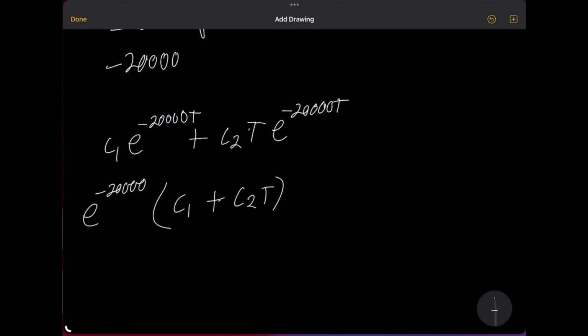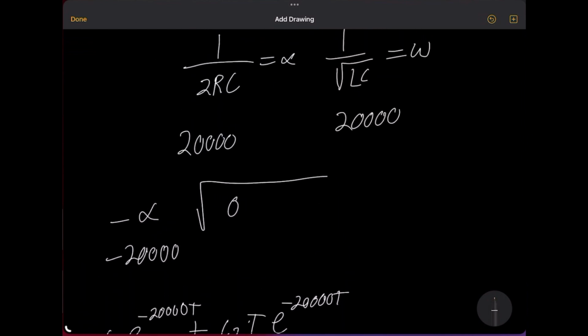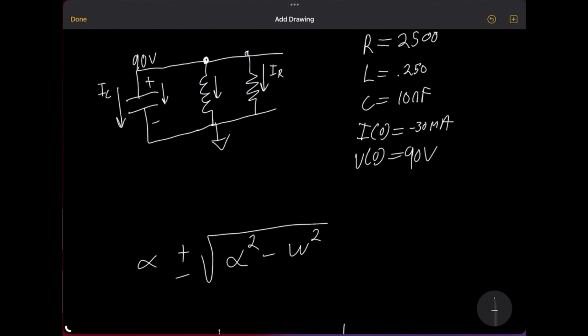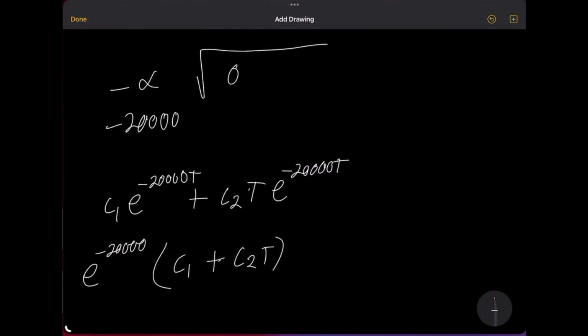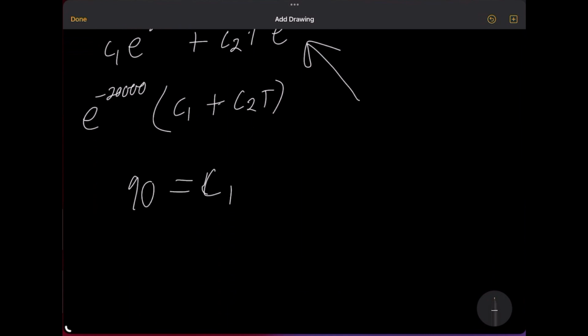And we have to solve for our C1 and C2. Since we want v as a function of time, we're going to plug in our starting v value, which is 90. So we set 90 equal to C1, and that's it, because at t equal to 0, the C2 term is 0. So 90 is going to be C1.